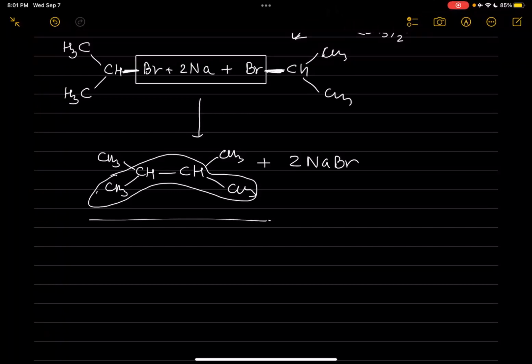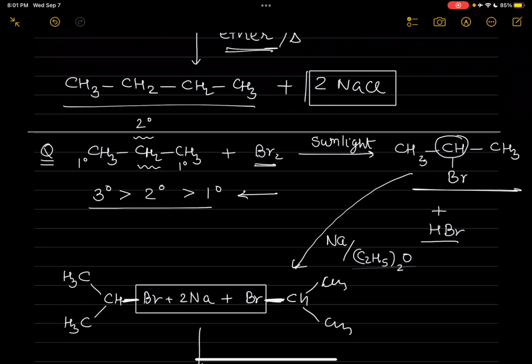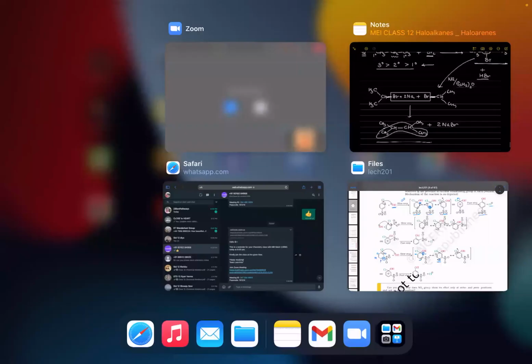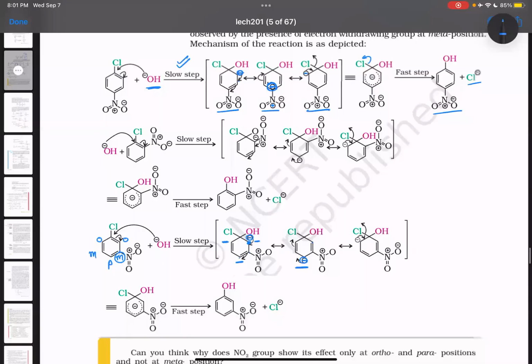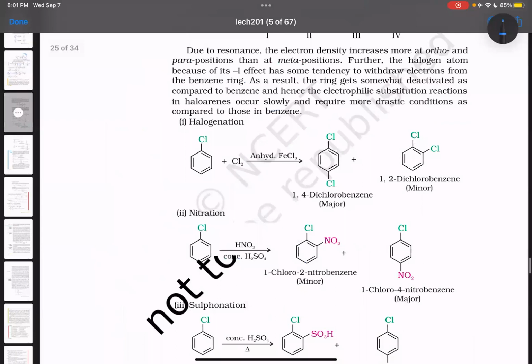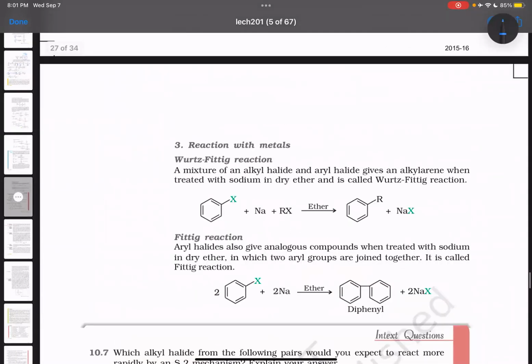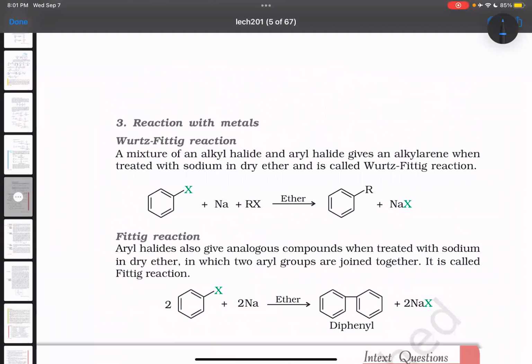So if you have benzene in place of alkyl group, that is called Fittig reaction and Wurtz-Fittig. Just go through it. Let me show you in the book where it is. Look here. If you have only alkyl groups reacting together with sodium, that is called Wurtz.